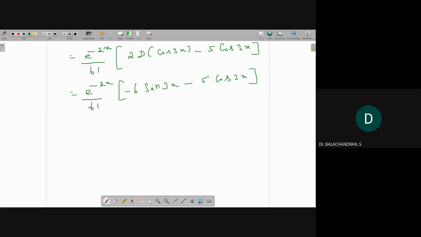So you take the minus sign common: minus e power minus 2x divided by 61 into 6 sine 3x plus 5 cos 3x. So y equals CF plus PI.